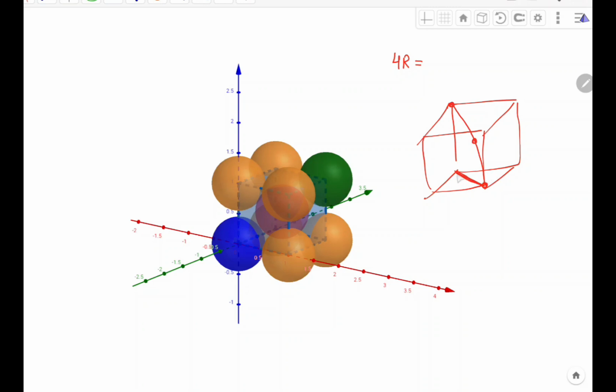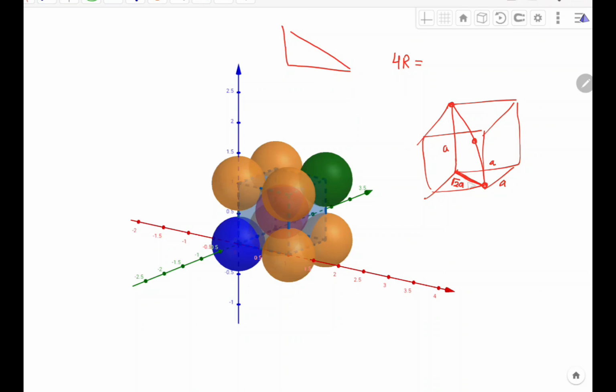let's find the diagonal of the base here. So the base here is A. Now this one here is square root of 2 A. Now this part here is equal to A. Now we have a right angle triangle like this.